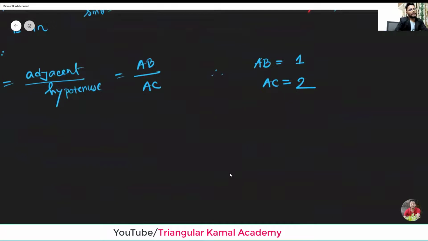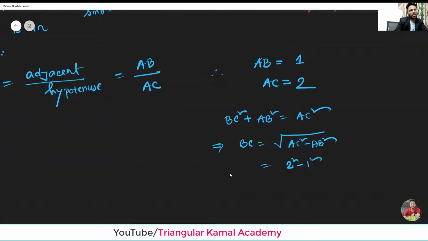So now BC square plus AB square is equal to AC square. So BC is equal to root over AC square minus AB square, which is root over 2 square minus 1 square, which is root over 3.